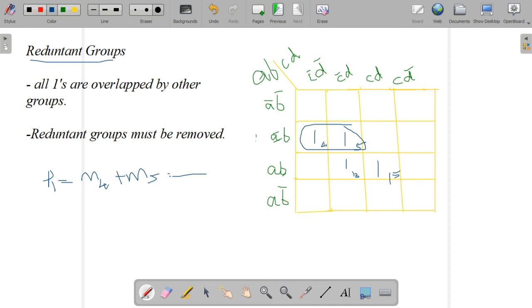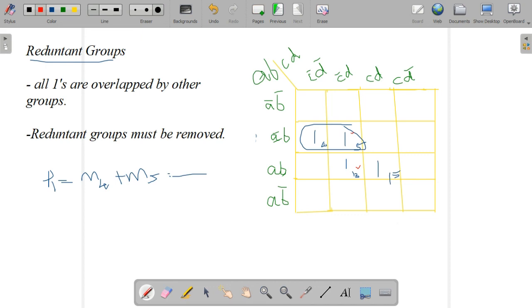The next one, you have to remember about the redundant groups also. Just consider M5 and M13. If you are considering M5 and M13, both are adjacent, so we can make it as a pair. But if we make it as a pair, again this one is left out. So maximum we have to mark it as a bigger formation, that is octet, then quad, then pair.